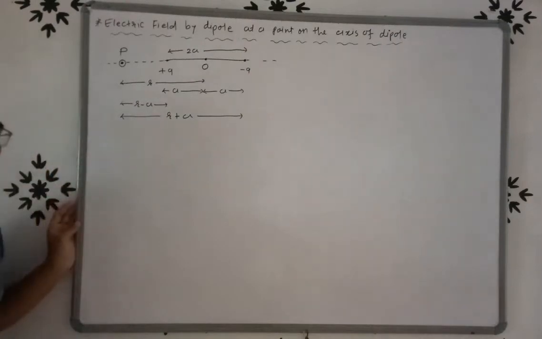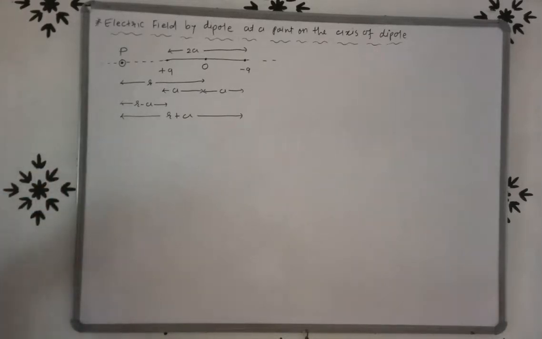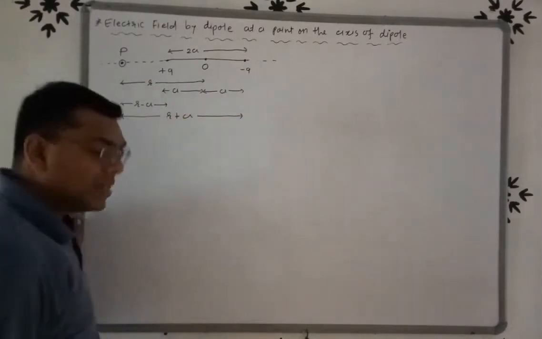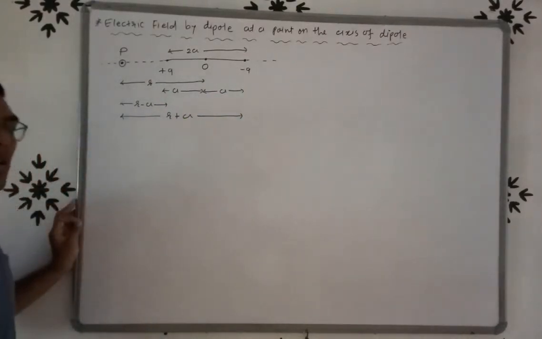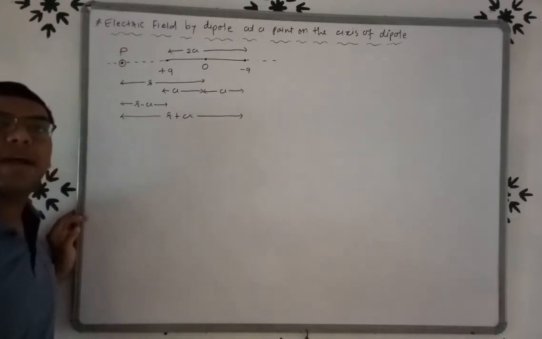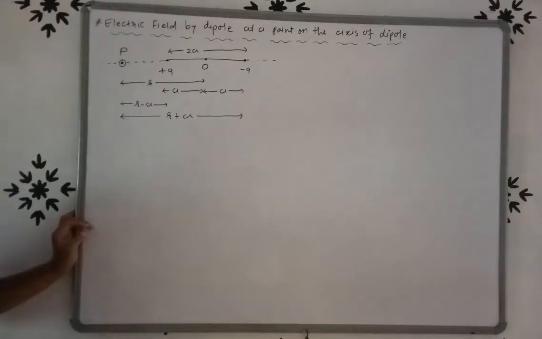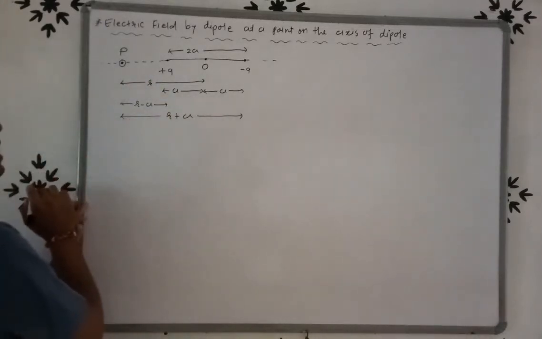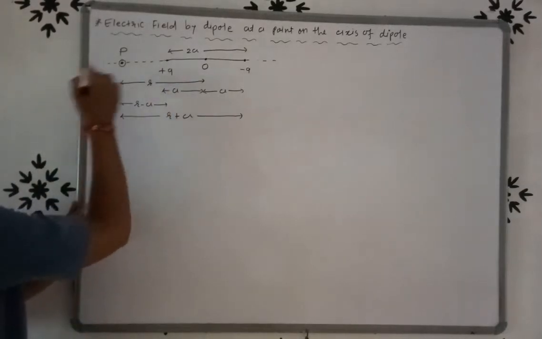So you have to write this sentence. Here we want to find out the electric field at point P on the axis of the dipole. Now here the electric field is due to the charge, but see here friends, there are two charges, plus Q and minus Q, right? So the total electric field is due to the charges plus Q and minus Q. Already we discussed that the direction of electric field from a positive charge is outward.